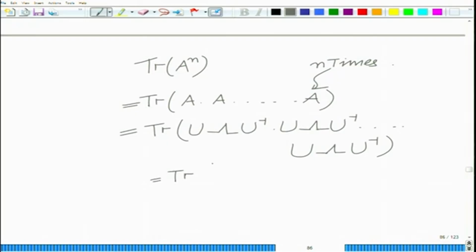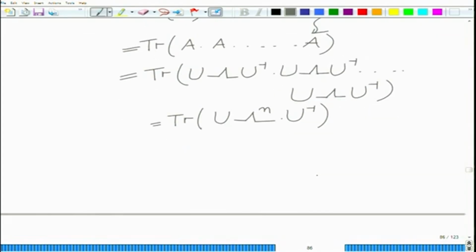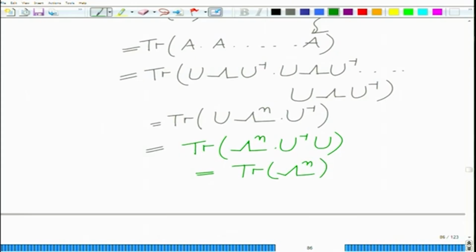That becomes the trace of U lambda raised to the n U inverse, which is nothing but the trace of lambda raised to the power of n U inverse U, and U inverse U is identity. So, this is the trace of lambda raised to the power of n, which is the summation over i of lambda i raised to the power of n, that is the trace of A raised to the power of n.